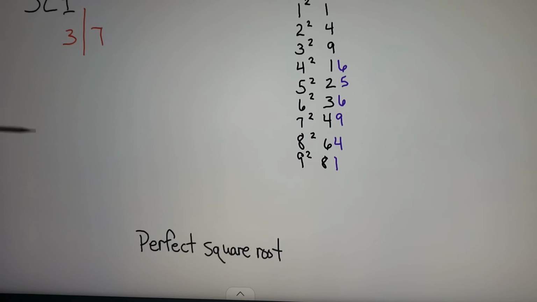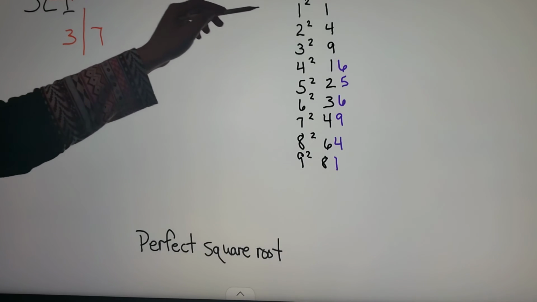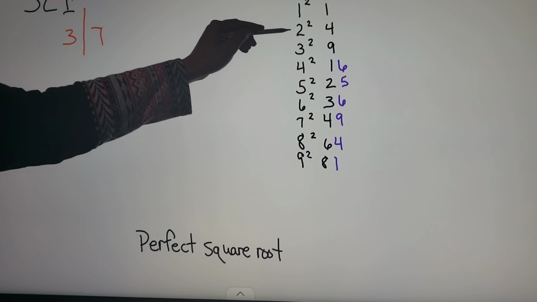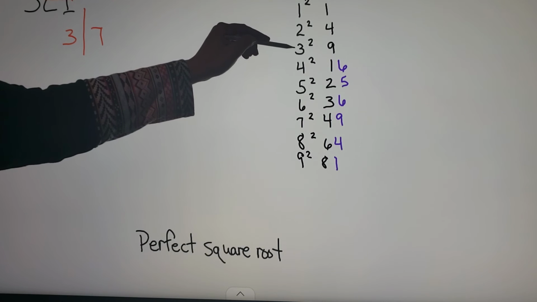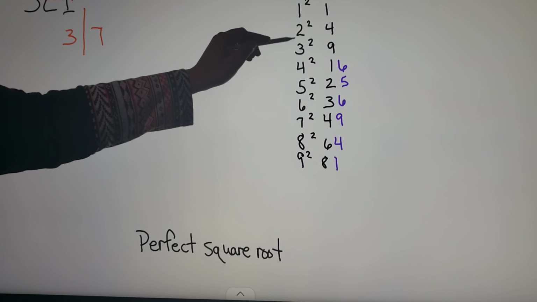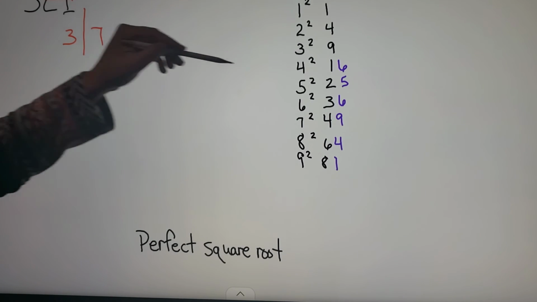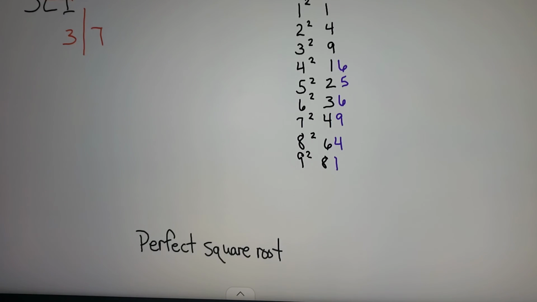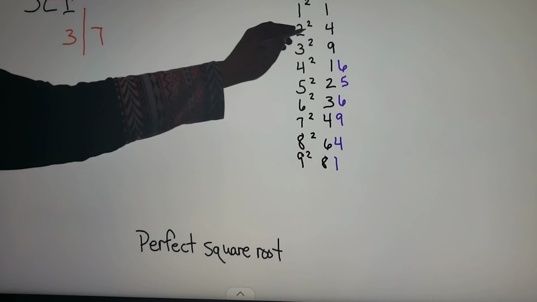Okay, so what we do here, we cross off 29. And then we're going to find the square root that's closest to 5 without going over. So the two closest are the square root of 2 and 3. Because 9 is larger than 5, we're going to use the number 4.